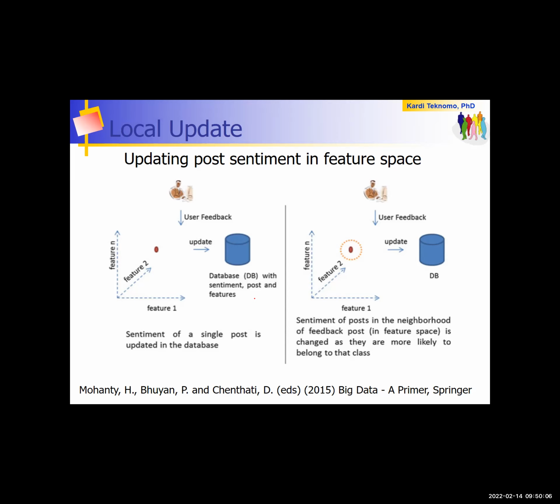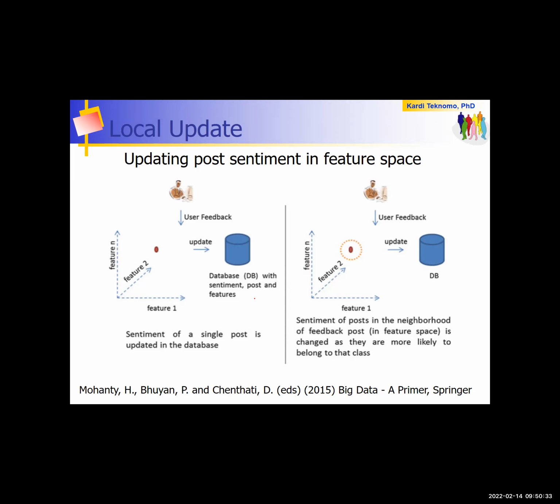Another way, which is actually better, is that the update in one post will propagate to the neighborhood of the post. So you can start to see the update of one sentiment, and then you check the update between their friends.